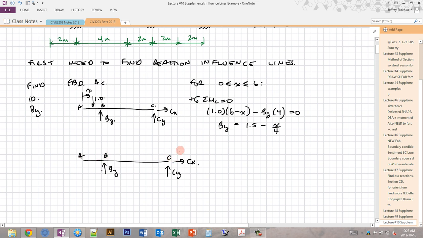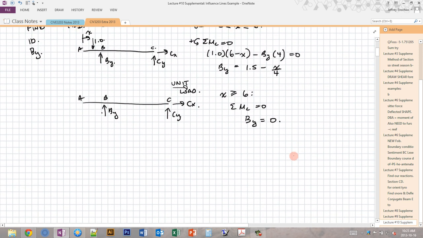So the unit load is out here, so we don't see it on this free body diagram. So for conditions where x, the location of the unit load, is greater than 6 meters, which is the location of C, then we do our sum of moments again, and we find that BY now equals 0.